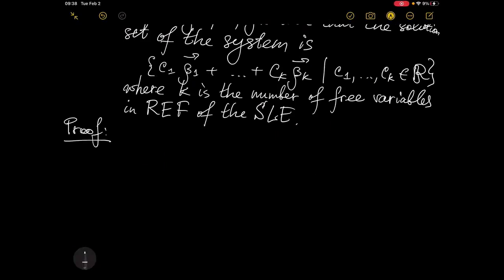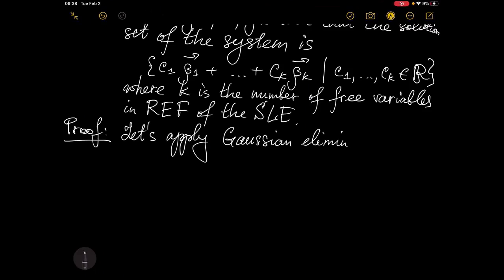Let us apply Gaussian elimination to get to the row echelon form.